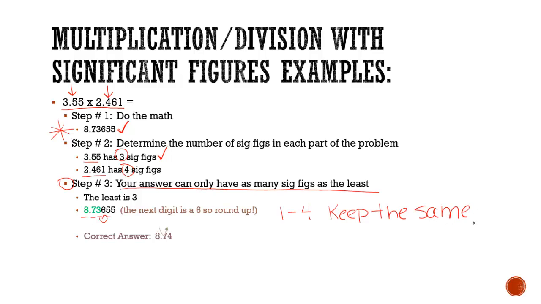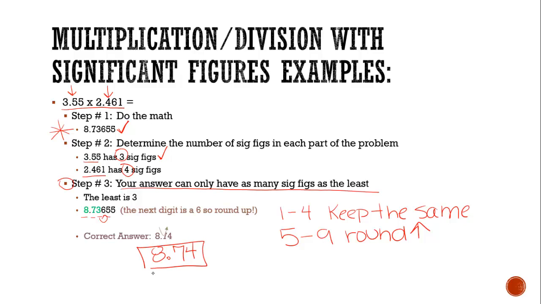If it's 5 through 9, you round up. Since this one is 6, it tells you to round up. For some reason that slide kind of messed up, so I'll rewrite the answer: 8.74 is the correct answer.